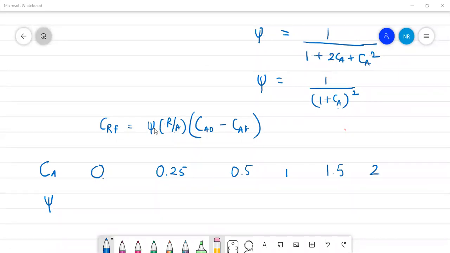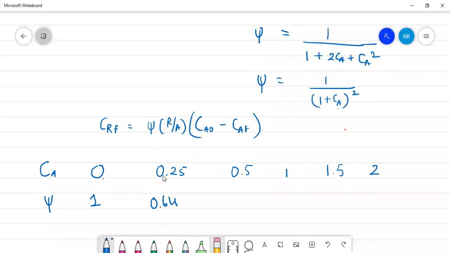Okay, it's 1. So if CA is equal to 0, we have an instantaneous fraction of 1. If I put CA equal to 0.25, then what is the psi value? 0.64.